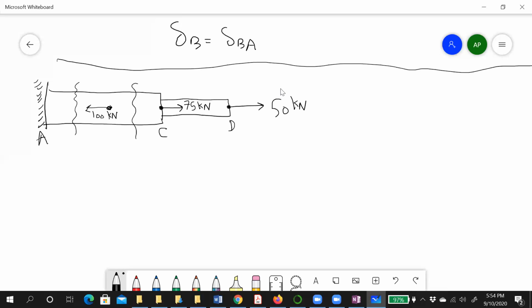So if we make a section here and sum the forces in the X direction, we have one force here. But at this point we have a new force, which means we should consider this as a new segment, because the force between these two points is different from the force between these two. Therefore, we assume this point as point B, so we have three segments, right?